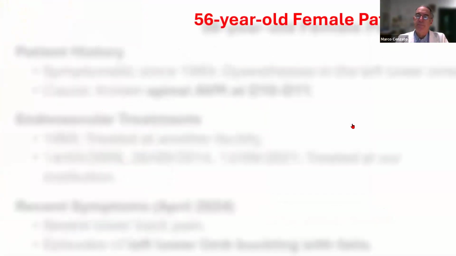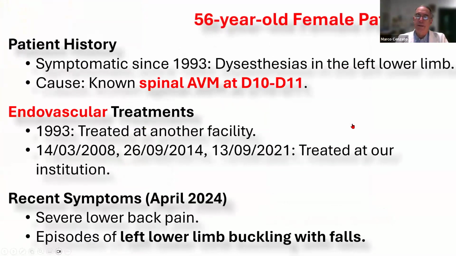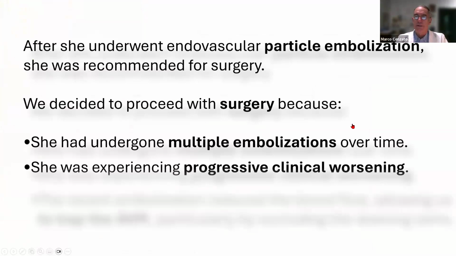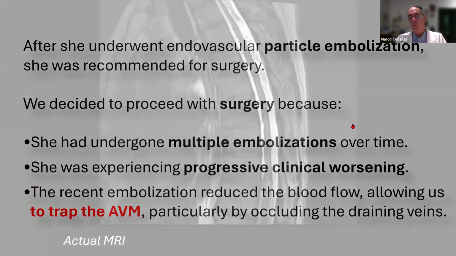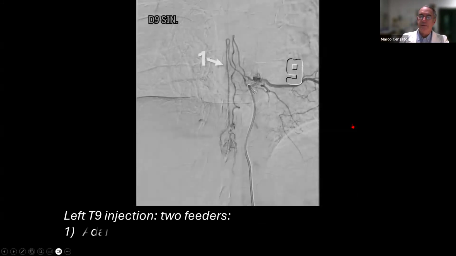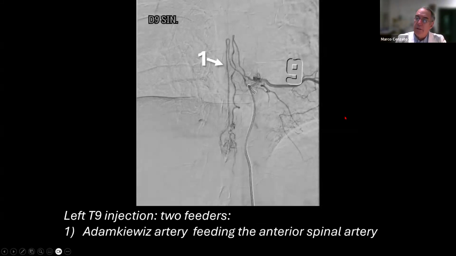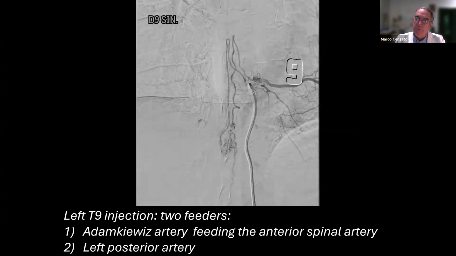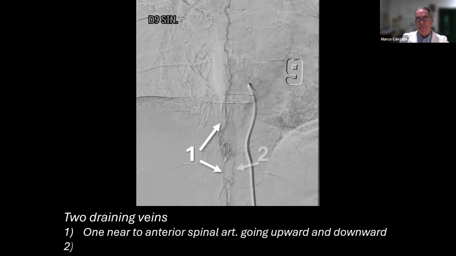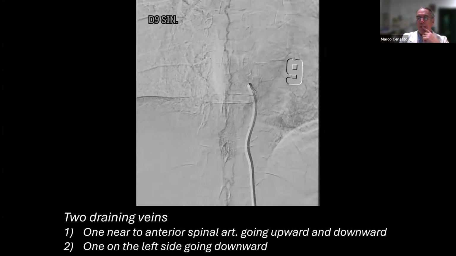This is another case. It was an AVM on the anterior side of the spinal cord, and she had several embolizations with a progressive deterioration with this AVM, with one feeder coming from the anterior spinal artery and one coming from the left posterior artery. Also here, she received several embolizations, but with a progressive deterioration over time.